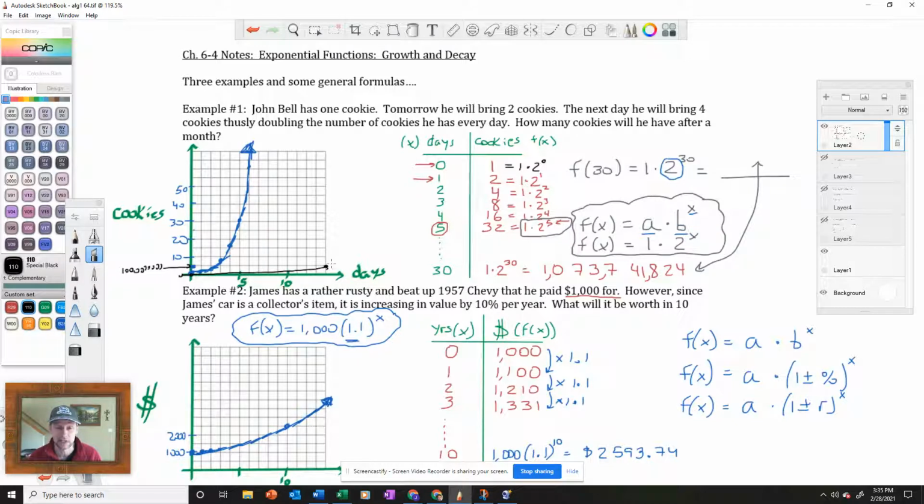It wouldn't look very steep because of the scale. So yes, if your scales are the same, the larger your B, the more steep it is. But don't just necessarily judge how big B must be by the scale, because sometimes, if I made a scale that's really weird, I can make something that grows tremendously look pretty flat, or vice versa. All right, let's go to the next example.